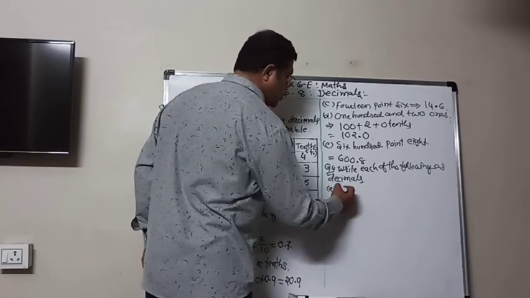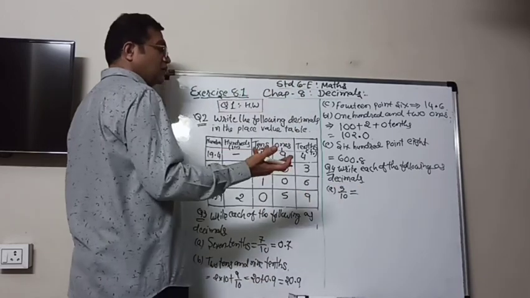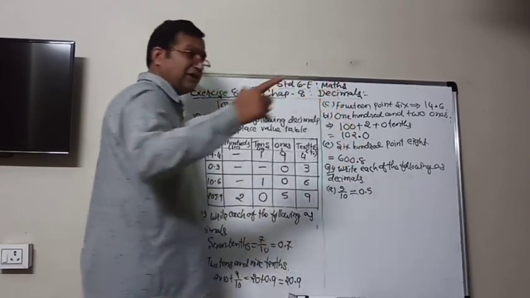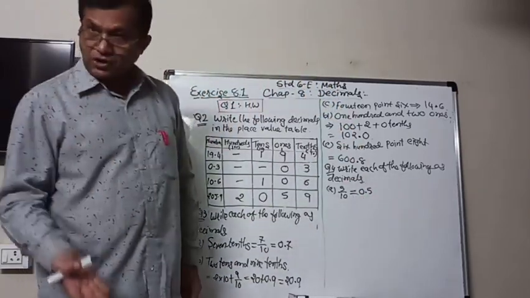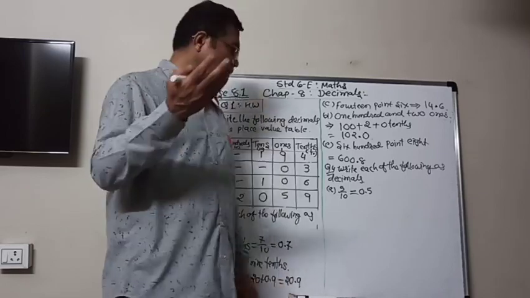So here 5 upon 10. Very simple. 5 upon 10 means 0.5. 1 upon 10 is 0.1. 2 upon 10 is 0.2. 3 upon 10 is 0.3. Then what is 5 upon 10? 0.5.